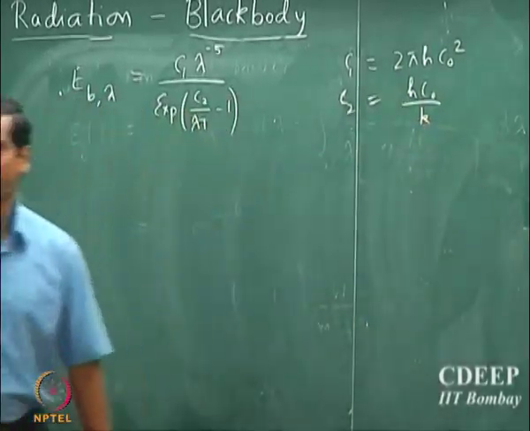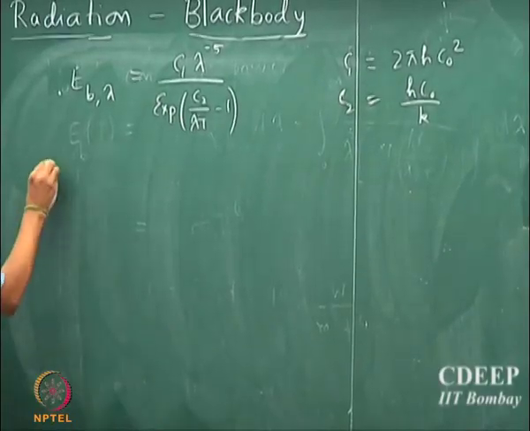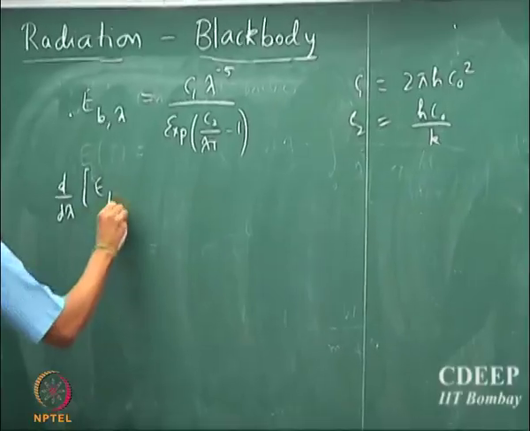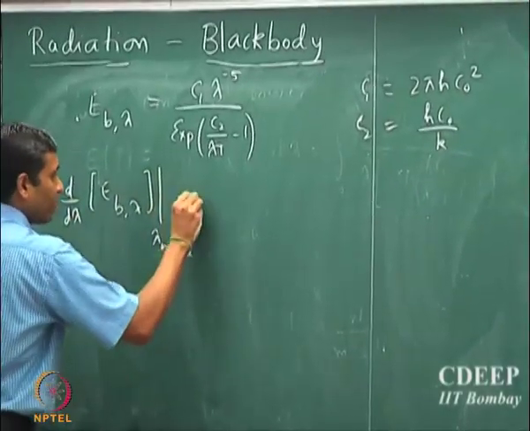So all we have done is just clubbed all the known constants into a single constant. And then we find d by d lambda of EB lambda evaluated at lambda max equal to 0.